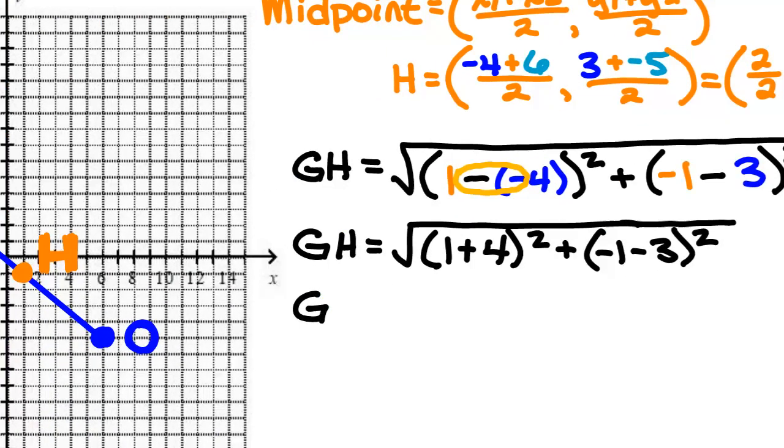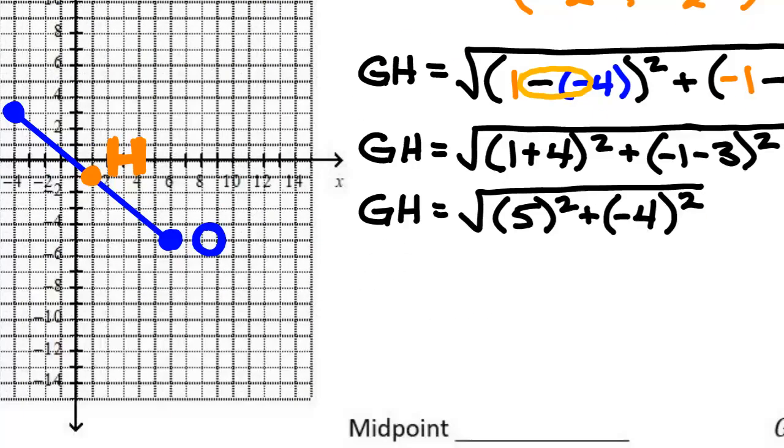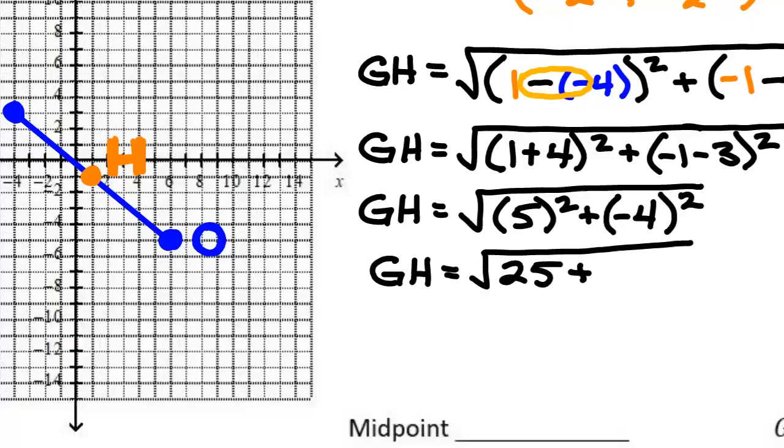What is 1 plus 4? 5. So I have 5 squared plus, what is negative 1 minus 3? Negative 4. So negative 4 squared. What types of numbers do we get when we square things? Positive. What is 5 squared? 25. Plus, what is negative 4 squared?